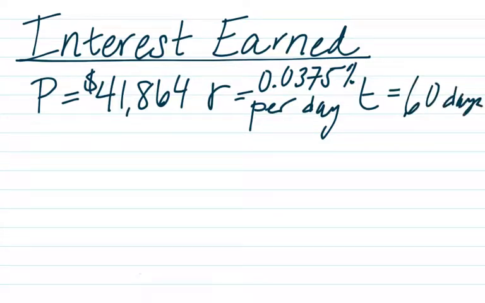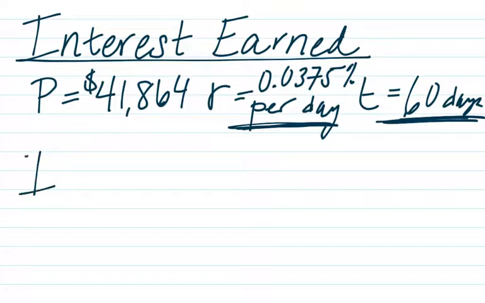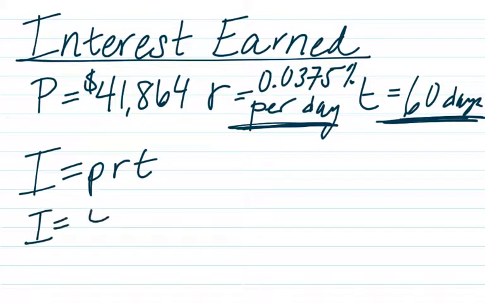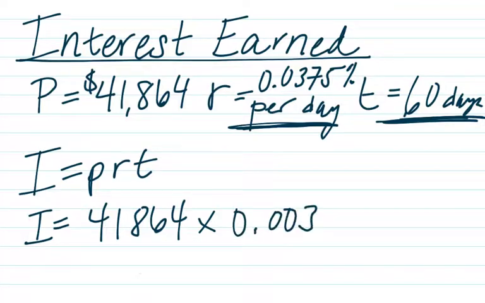So I don't need to convert my time because the rate is per day. So interest equals principal times rate times time. So I equals 41,864 times, we're going to write that as a decimal, so that's going to be 0.000375 times the 60 days.